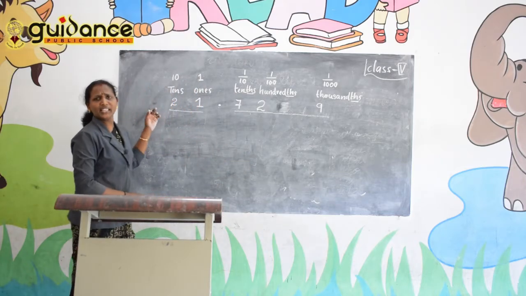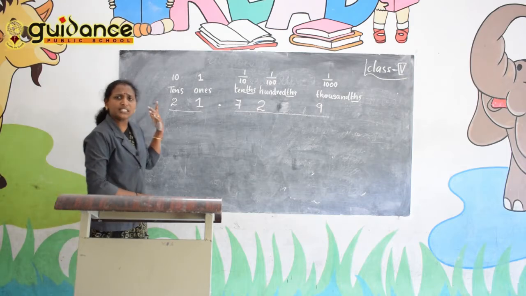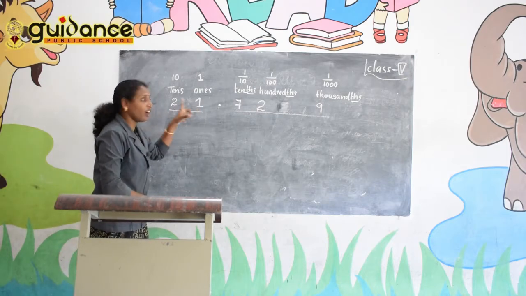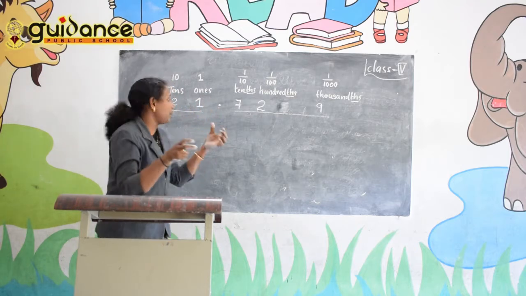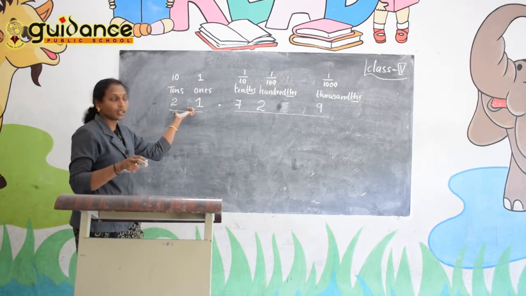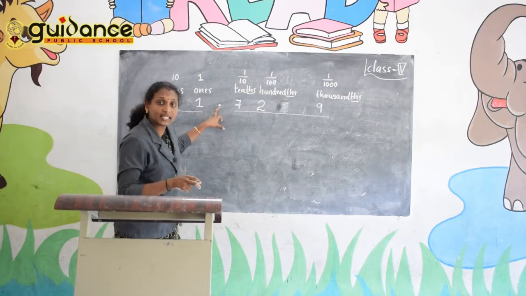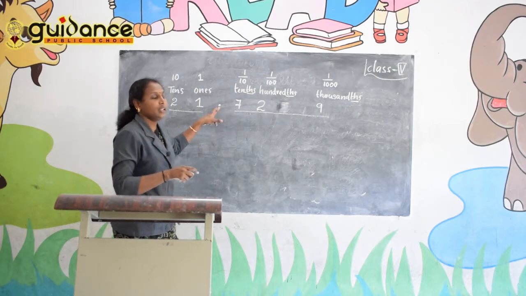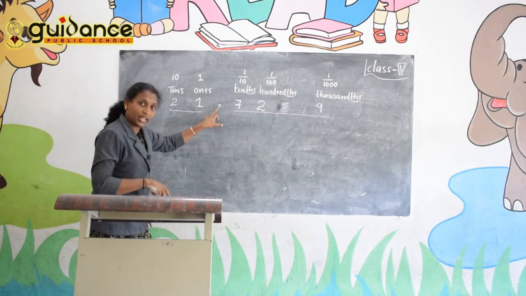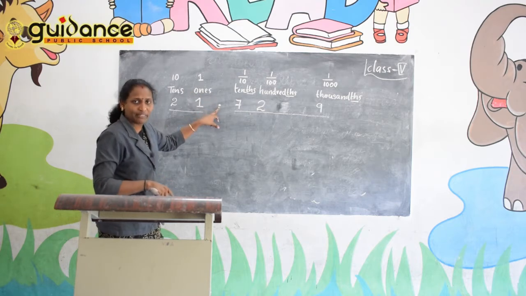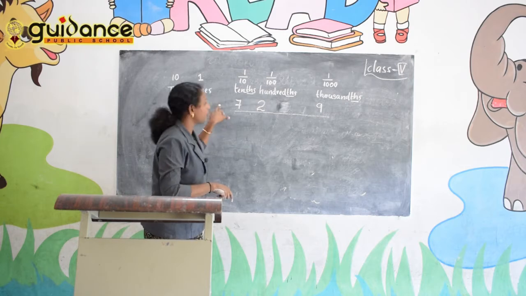And how will you read this number? The whole number part we will read together, that means 21. After the decimal point, we will read as 21 point. It's not said as decimal point, we will read as point.